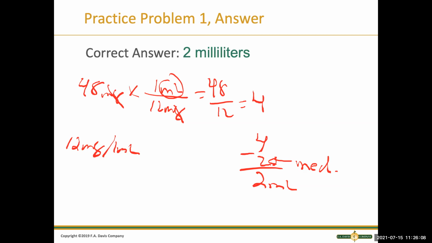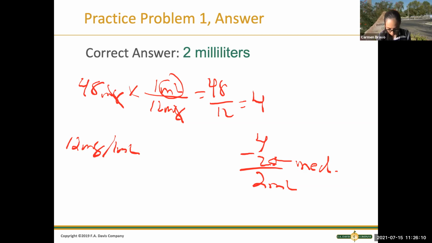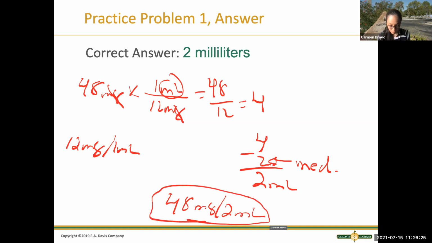Got it. And the vial already, the way it is, is 24 milligrams per ml. But we don't want it like that. We want it to be 12 milligrams per ml. That's what it was telling us.